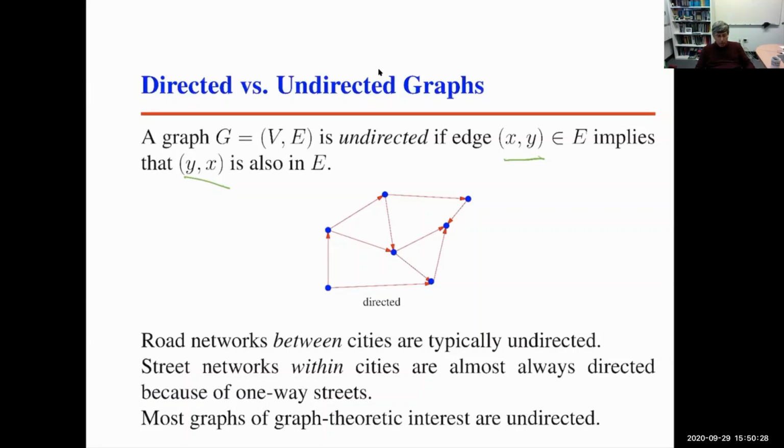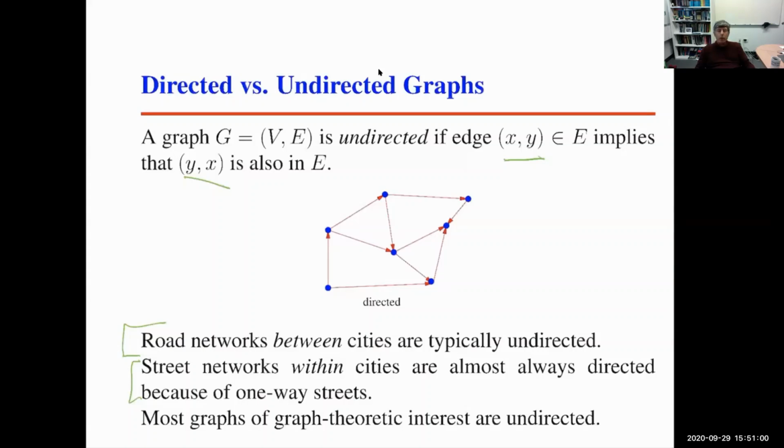Now, road networks that go between cities are almost always undirected graphs. If there is a road from one city to another, it almost certainly goes both ways. If you drive to the city that way, you can drive home legally. On the other hand, within cities, it's fairly common to have directed edges, basically one-way streets.